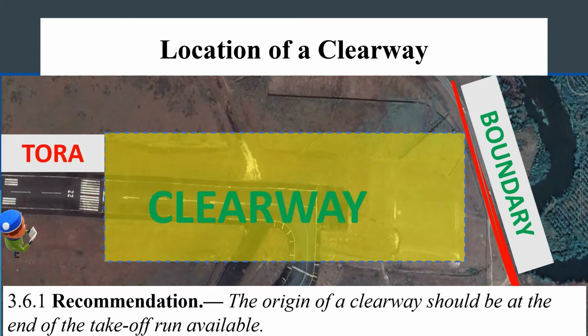Therefore, the origin of a clearway should be at the end of the takeoff run available, the TORA. So when you see the TORA, it means takeoff run available.